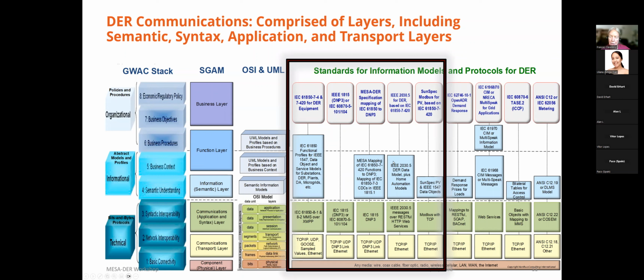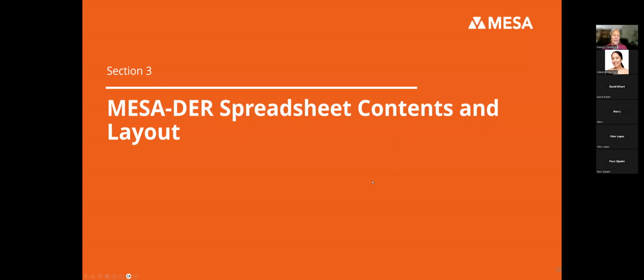Even these other ones are sort of based on the 61850 data models. All right, so we have that as sort of the background. And now I'd like to get into some of the MESA-DER spreadsheet contents and layout.